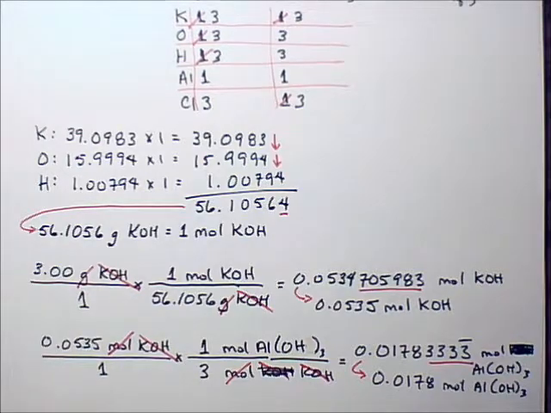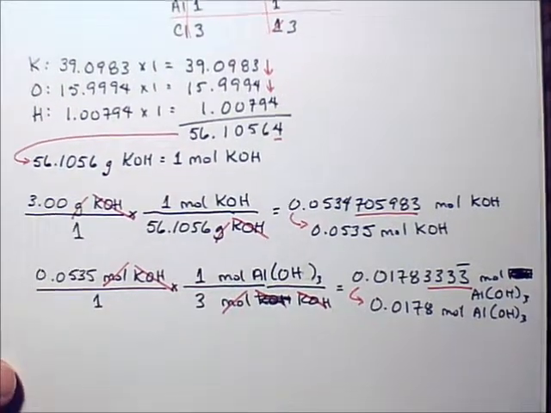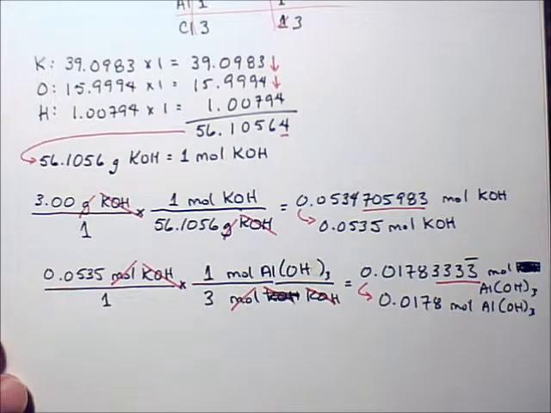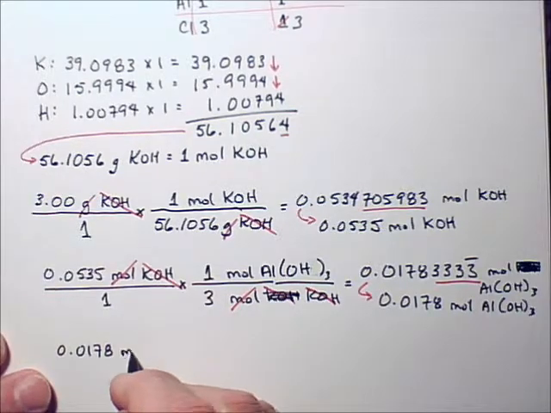All right. Step 2 is done. 3 steps. So this becomes our new starting amount. You put it over 1.